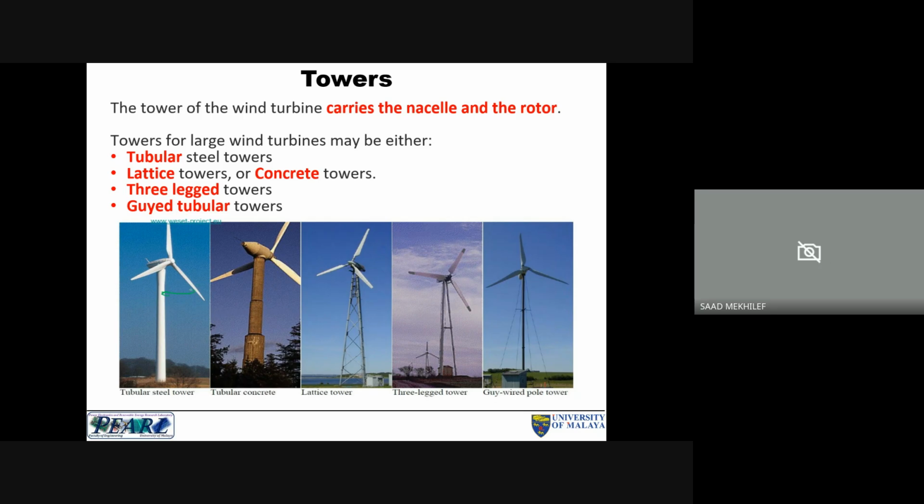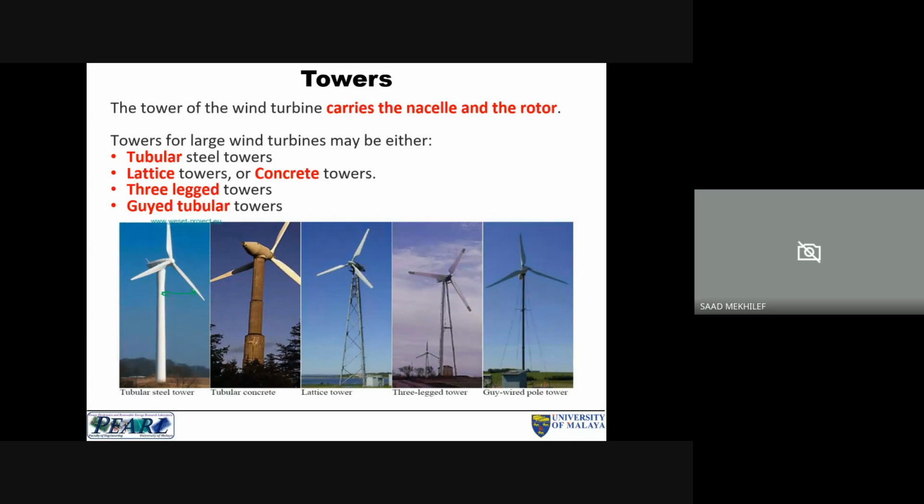Okay, so if the wind speed is too high, this may result in damage, because these wind blades are made of fiberglass. Remember, it's very light and very strong. But if the wind is too strong, the blade may hit the tower and destroy everything.